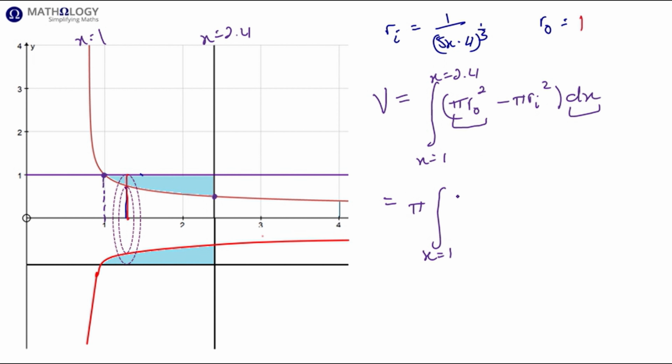So we'll have pi times the integral from x equals 1 to x equals 2.4 of the outer radius squared, which is 1 squared, which is just 1, minus the inner radius squared, which is the square of 1 over (5x minus 4) to the third. So we write that as (5x minus 4) to the minus a third, and we square that to give us the inner radius squared, and all of this is integrated with respect to x.